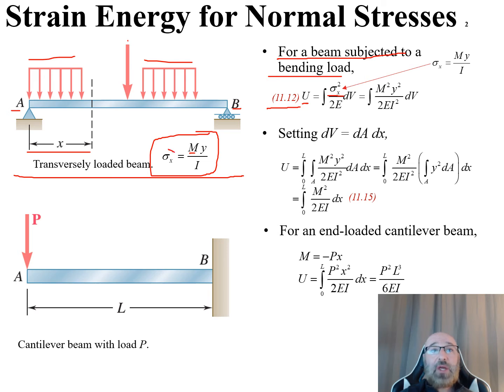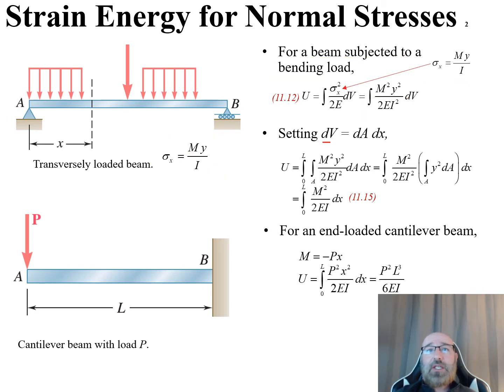But now we have a relationship for our sigma sub x. So our sigma sub x, for this case here for our bending beam, is equal to M y over I. So we can plug that in for our sigma x squared there. And when we do that, what we end up with is that our strain energy U is equal to the integral of our M squared y squared all over our 2E I squared dV.